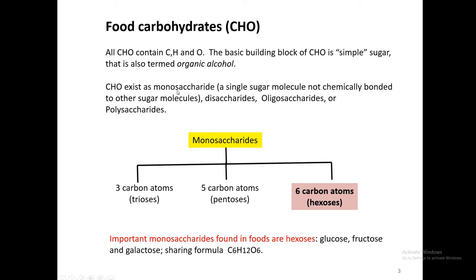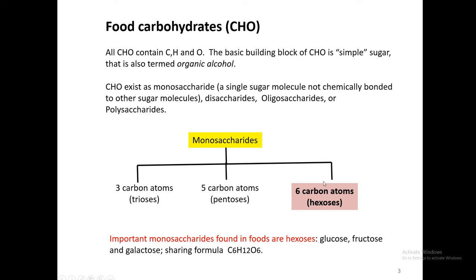So maybe you have heard before, this carbo exists as monosaccharides. There is simple single sugar molecule not chemically bonded to other sugar molecules. And then after monosaccharide, there is disaccharides, and then there is oligosaccharides, and then the big one, polysaccharides.